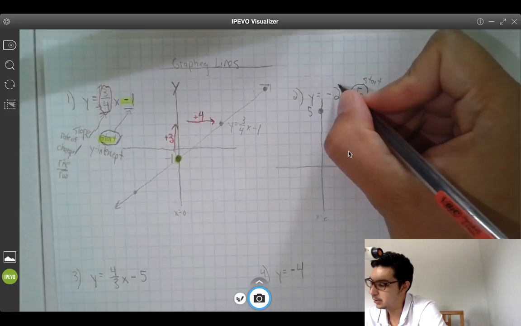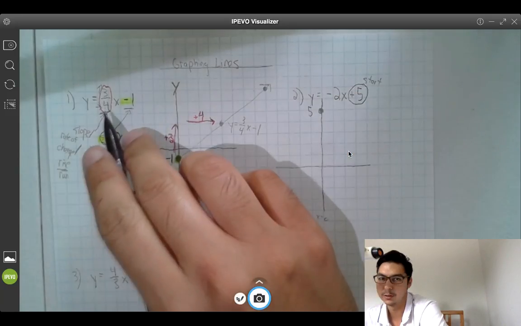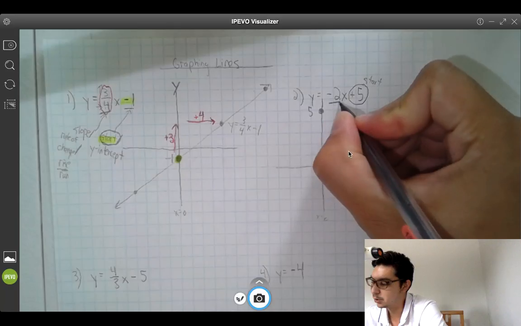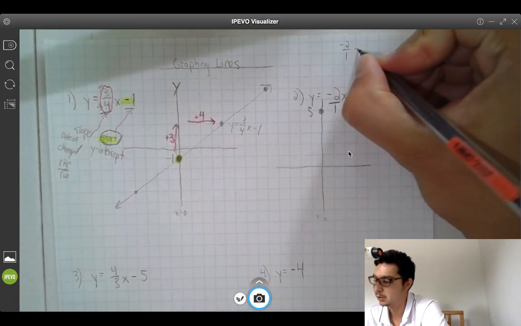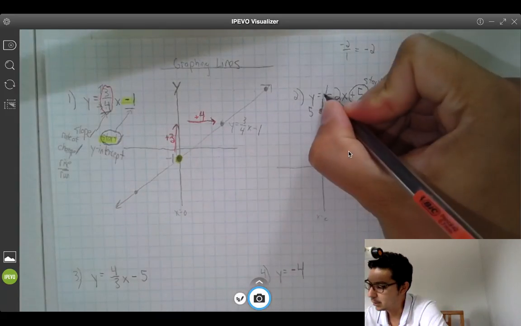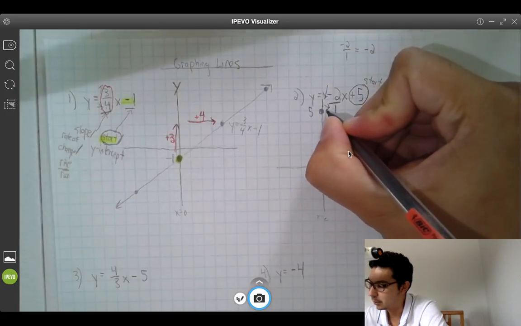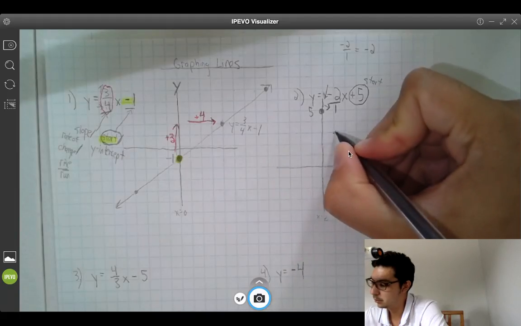And then this right here is your slope. Now, notice that there's no number underneath it. It's not like this one over there. If there's no number underneath it, there's always like an invisible 1, because -2/1 is the same as -2. So negative means we're going to go down 2, and then we're still going right 1. So down 2, right 1.